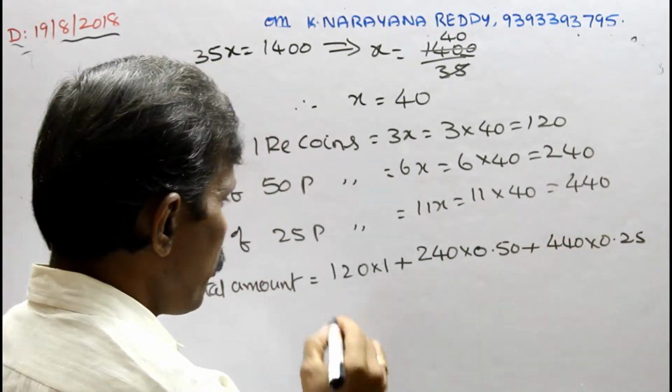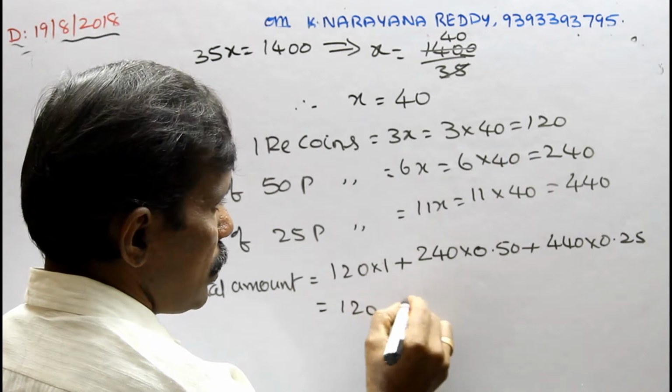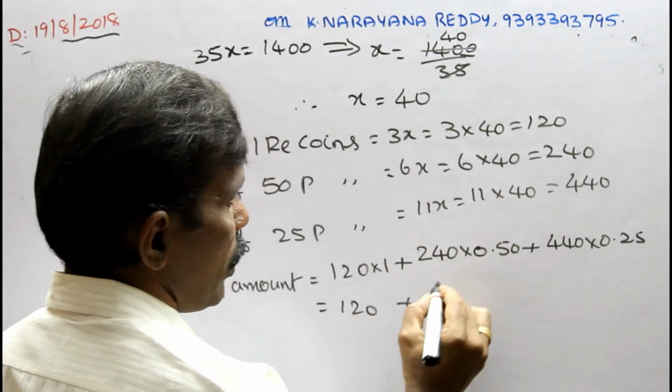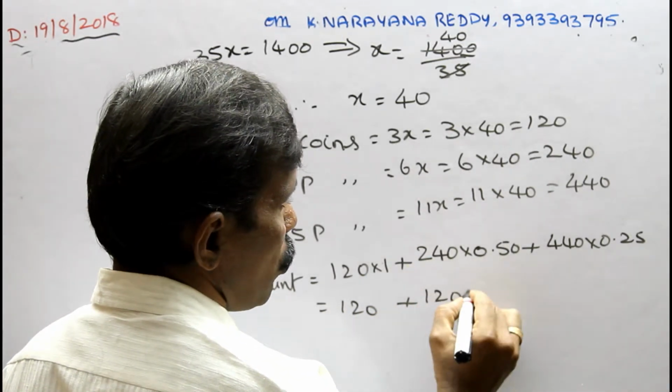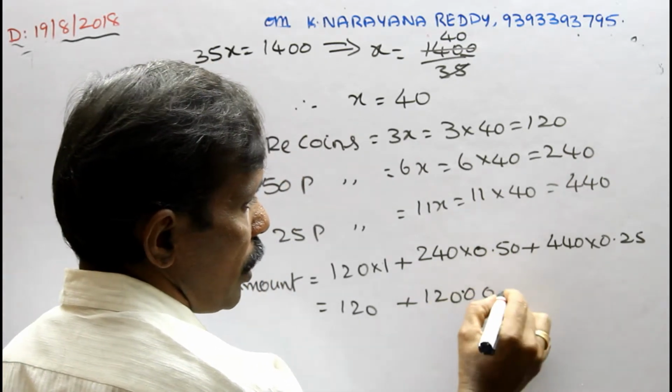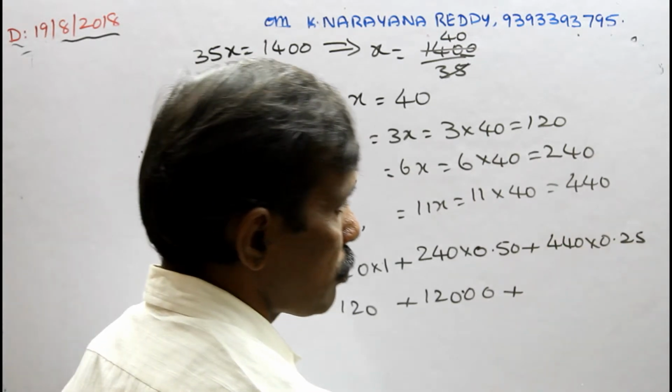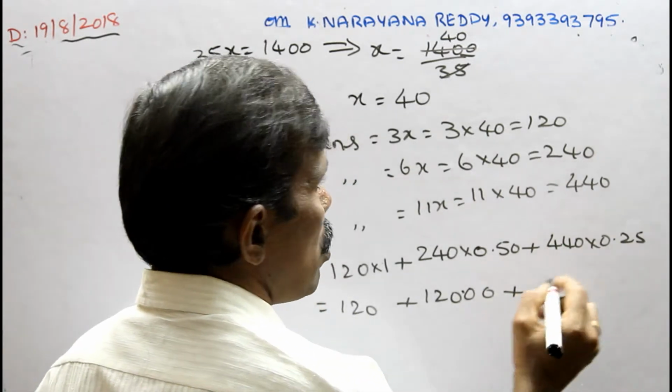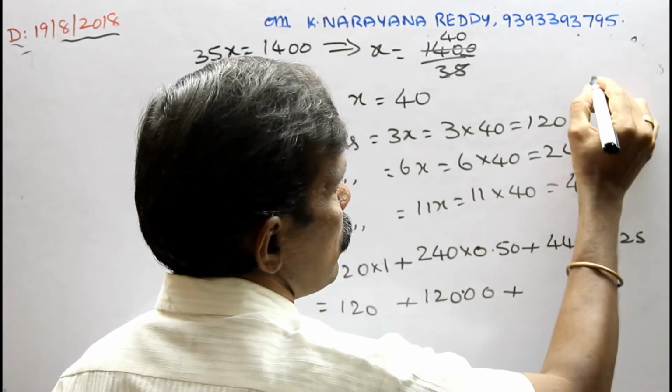Okay. Now 120 plus, what do you get? 120, after 2 decimal places, this is 120 plus this one is 44 and 25, how much?